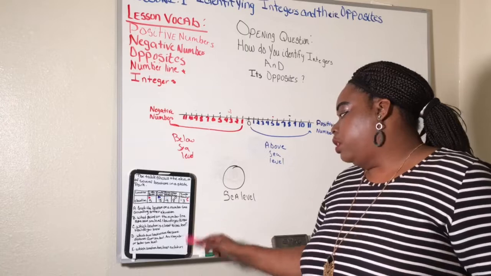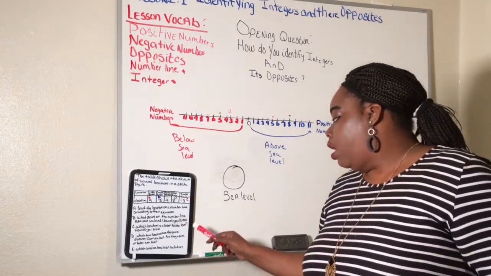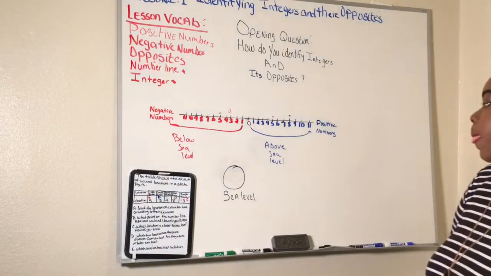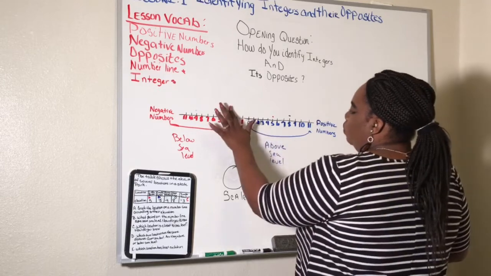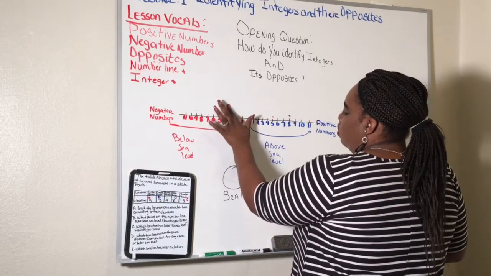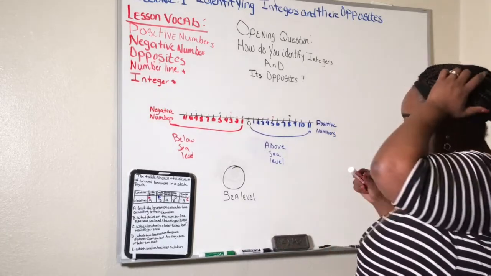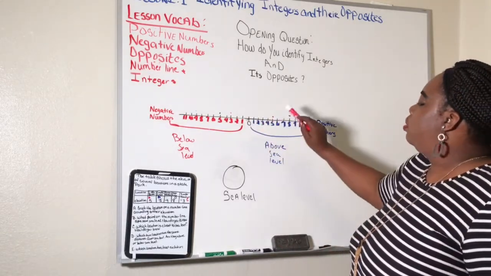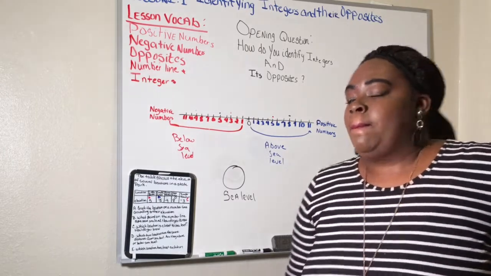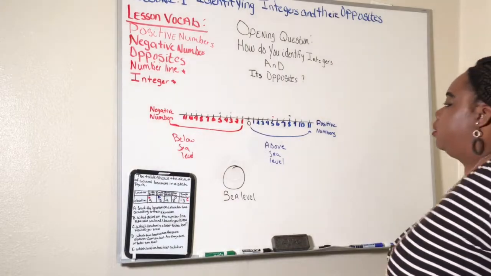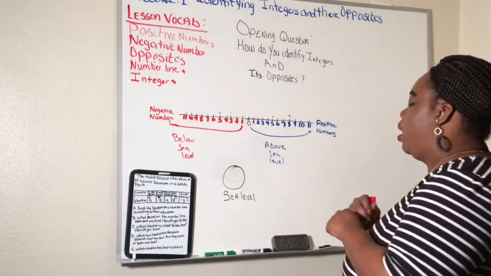Moving on to D. Which two locations are the same distance from sea level? Are they above or below sea level? So let's look at our graph here. I'm going to move this -3 here so it doesn't confuse anybody. All right, so we're looking at our number line to see which plot marks have the same distance from 0. We can count the tick marks to make sure that we are right.